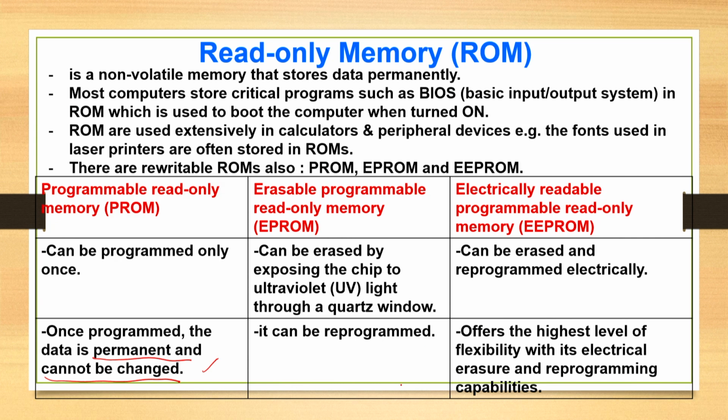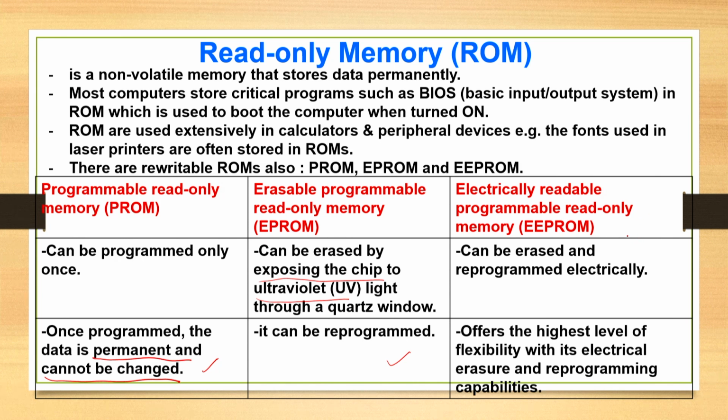EPROM is the erasable programmable read-only memory. Here the data can be erased by exposing the chip to ultraviolet light through a quartz window. So, it can be reprogrammed, meaning the data written can be modified.